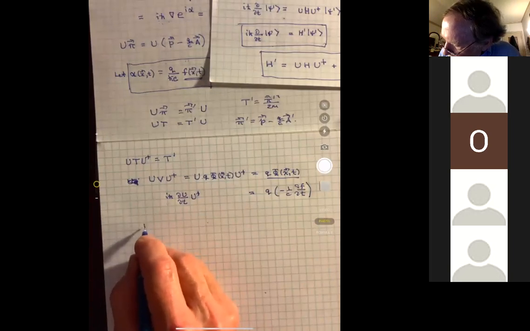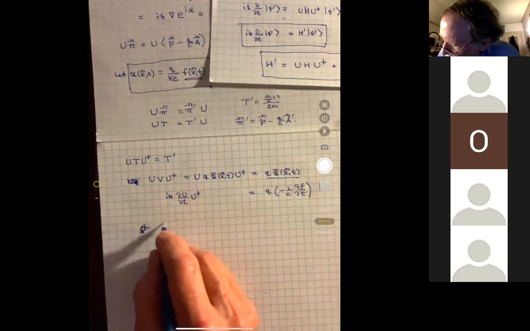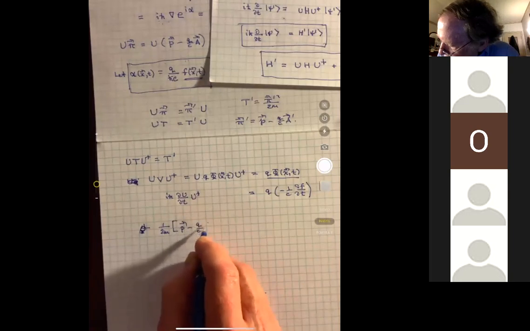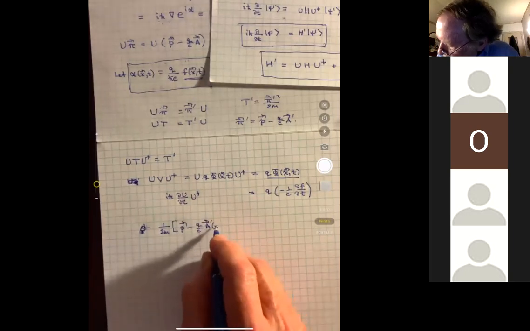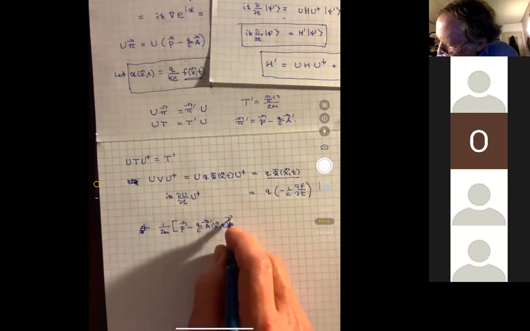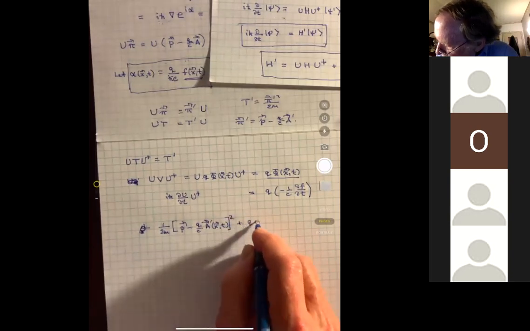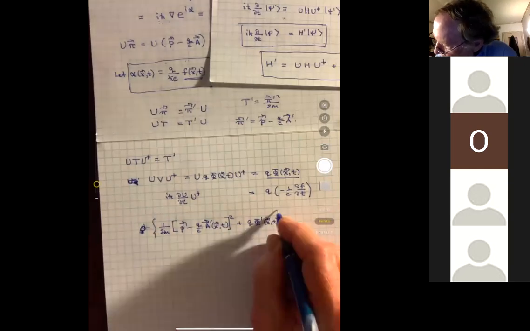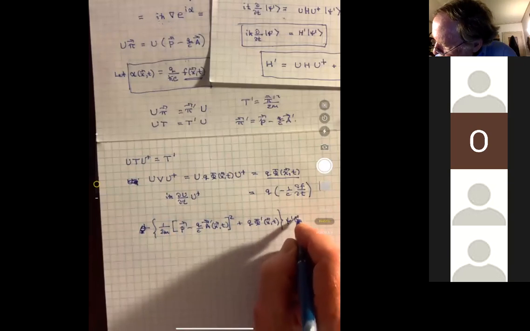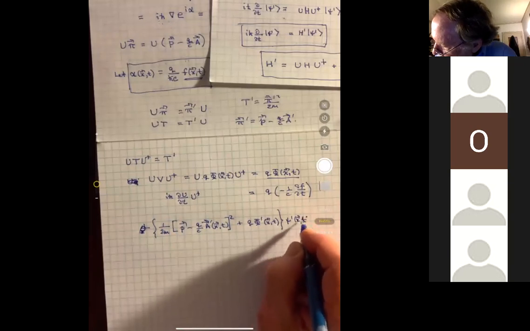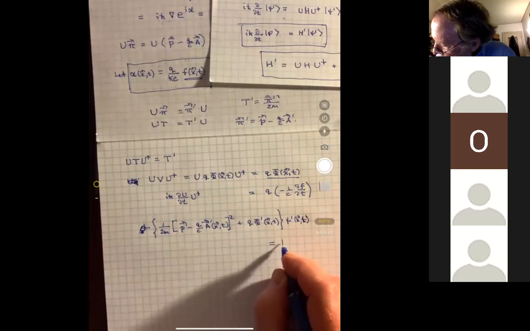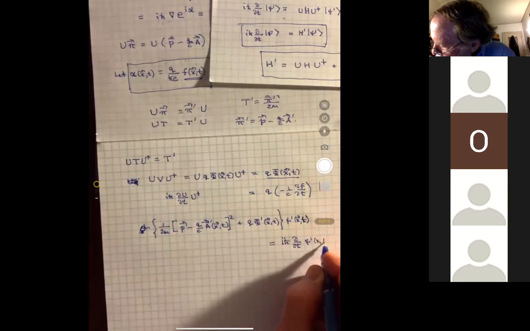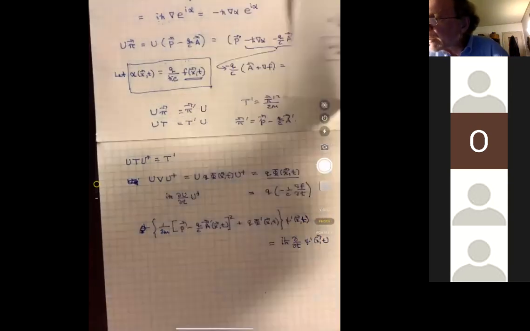It's 1 over 2m, momentum p minus q over c a prime of x and t, quantity squared, plus q times phi prime of x and t. This whole thing multiplies onto psi prime of x and t, and is equal to i h bar partial with respect to t of psi prime of x and t, where the psi prime and psi were related by the phase factor.